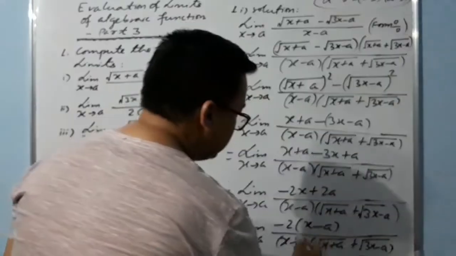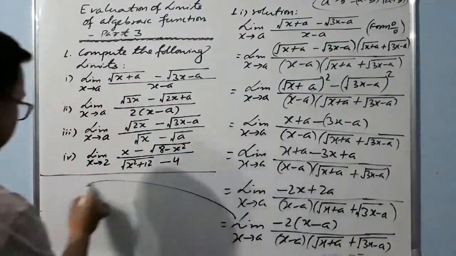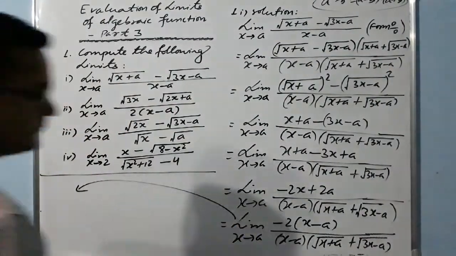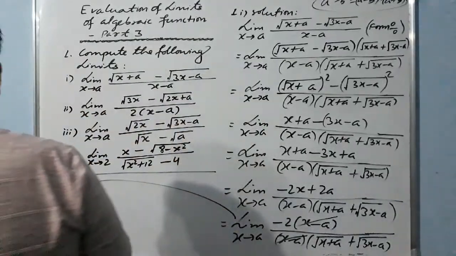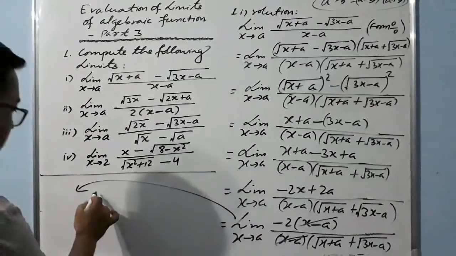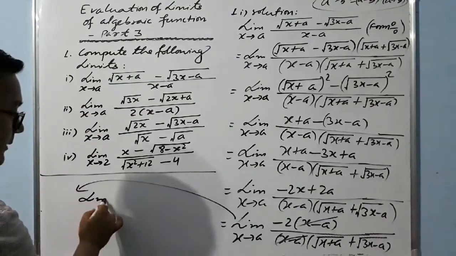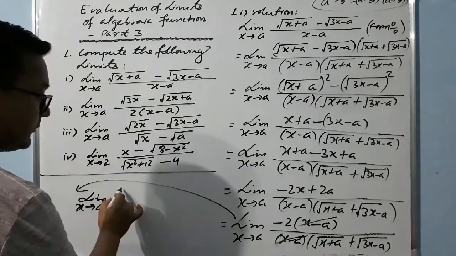Now we can cancel out. This will cancel out. Limit as x tends to a of minus 2.